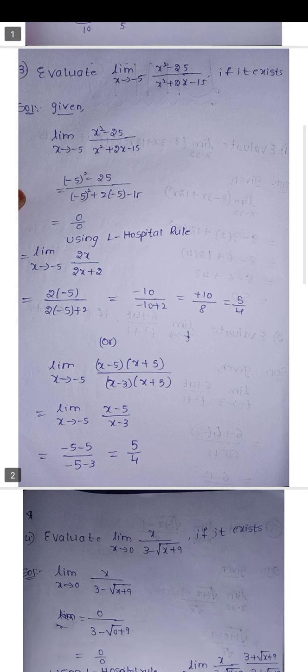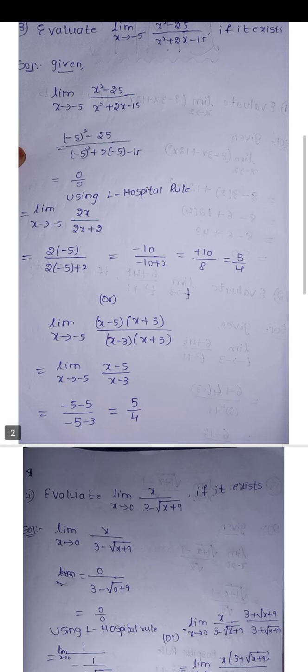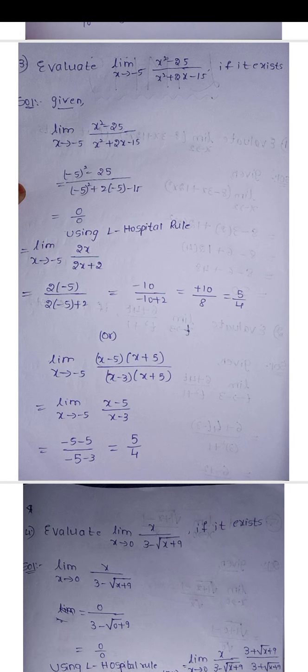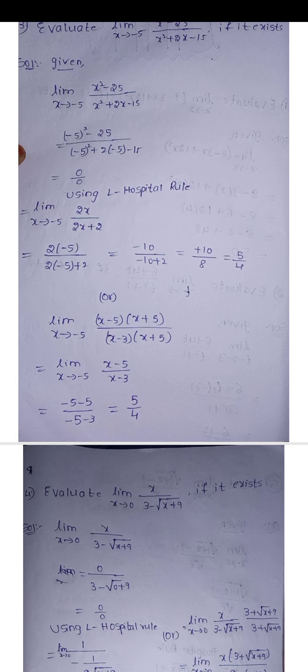In another way also we can solve this problem without L'Hospital rule, that I have written here. Limit as x tends to minus 5. Here x square minus 25 is in the form x square minus 5 square, that is a square minus b square, which equals (a plus b) into (a minus b). So I have written (x minus 5) into (x plus 5) by x square plus 2x minus 15. We did factorization, so the factors are (x minus 3) into (x plus 5).